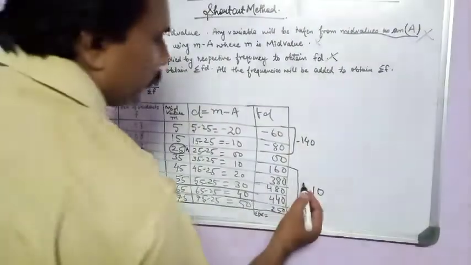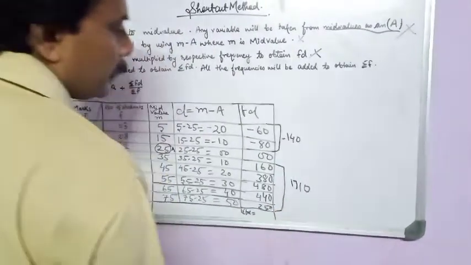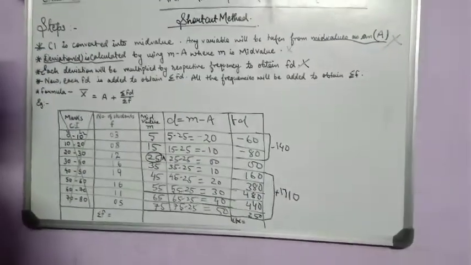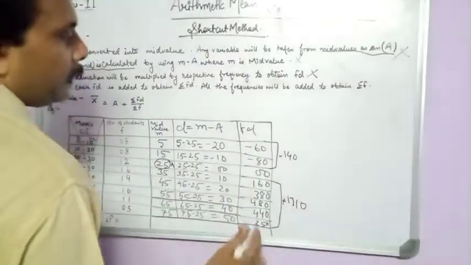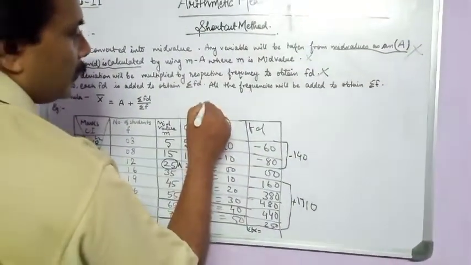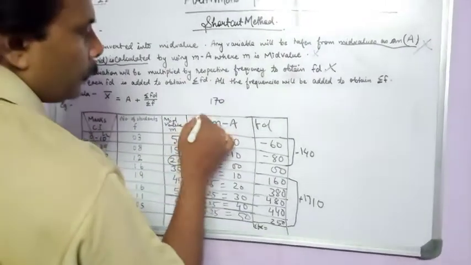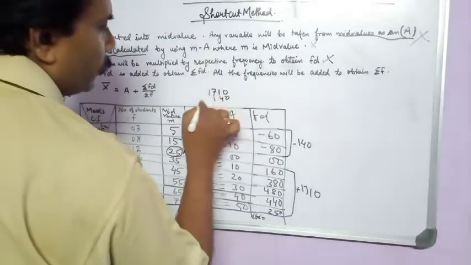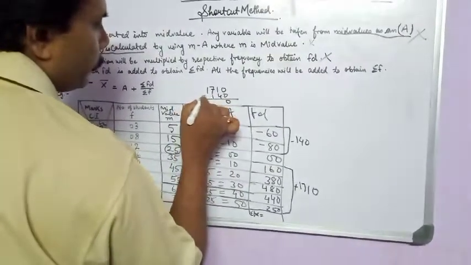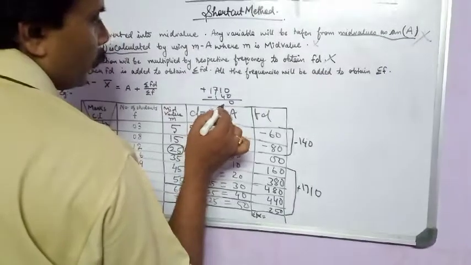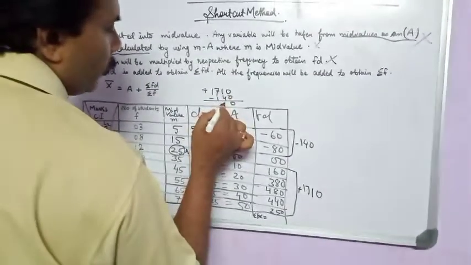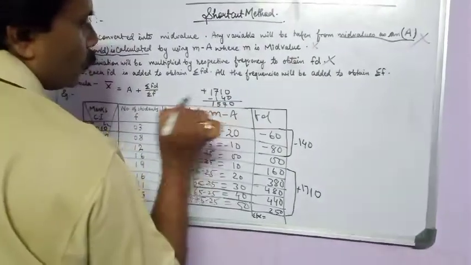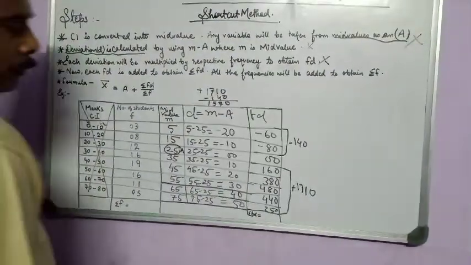That is the positive value, 1710. 1710 minus 140: 0, 11 minus 4 is 7, 6 minus 1 is 5. So 1570.